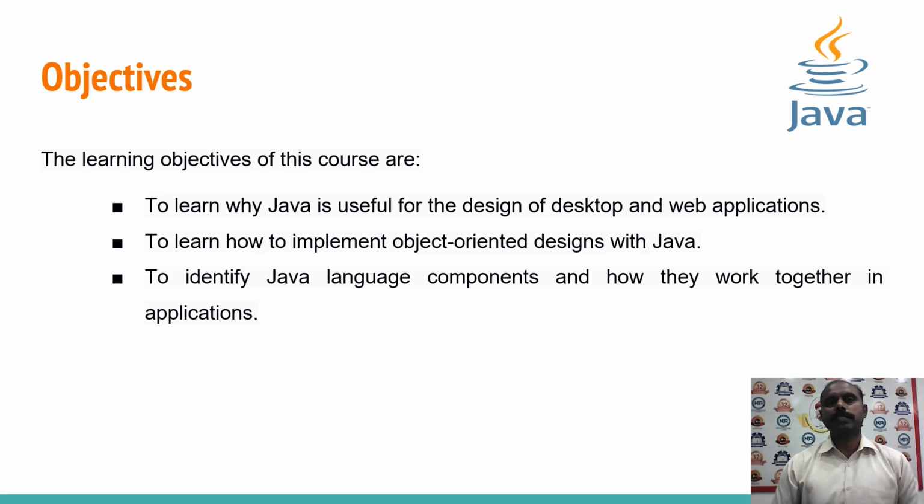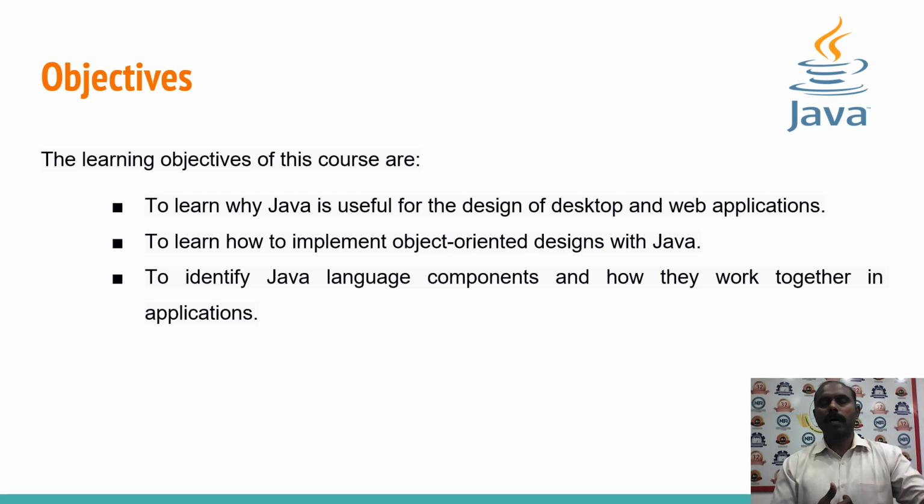Okay. Secondly, the objective of this course is how you can implement an object-oriented design with Java. I told you that you can apply the object-oriented principles: reusability, inheritance, polymorphism. You can apply these while developing your project. Thirdly, you can identify Java language components. Components are nothing but modules that you can identify or create.